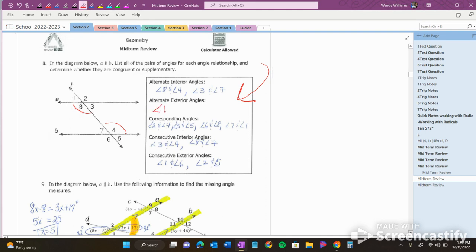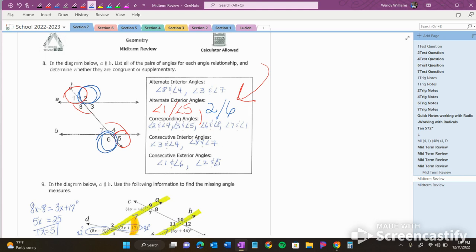We have angle 1, which is alternating with 5 on the outside. And then we have angle 2, which is alternating with 6 on the outside. And then I listed those other ones.